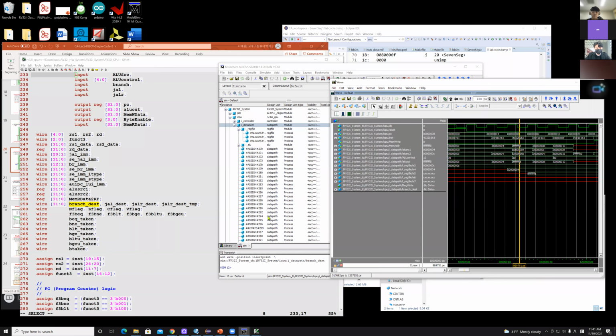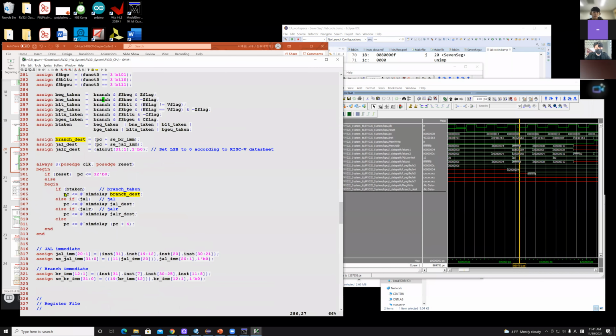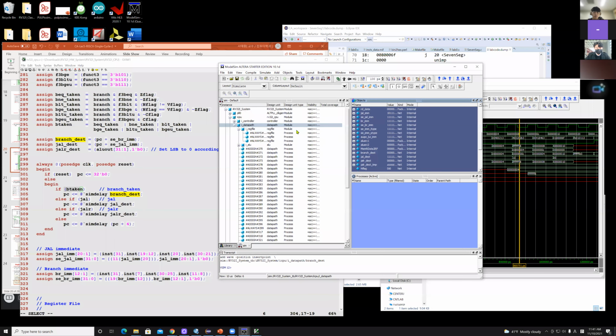Also the selection signals. Who is updating the program counter PC based on branch taken or JAL? Those things, right? Let me check out this branch taken control signal. Where is that? BEQ taken.